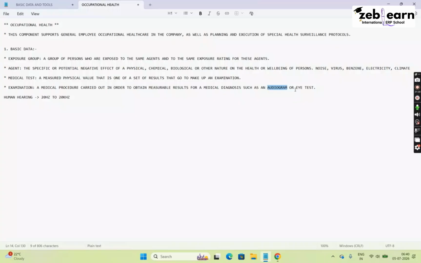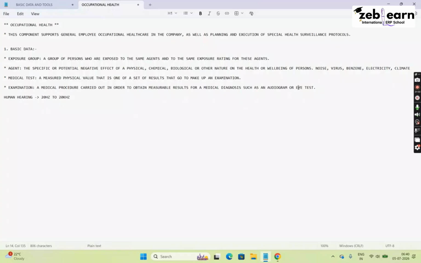Or another example they have given, the eye test. Why can't you consider the eye test as a medical test? Why are they calling it an examination? It's a very logical question.